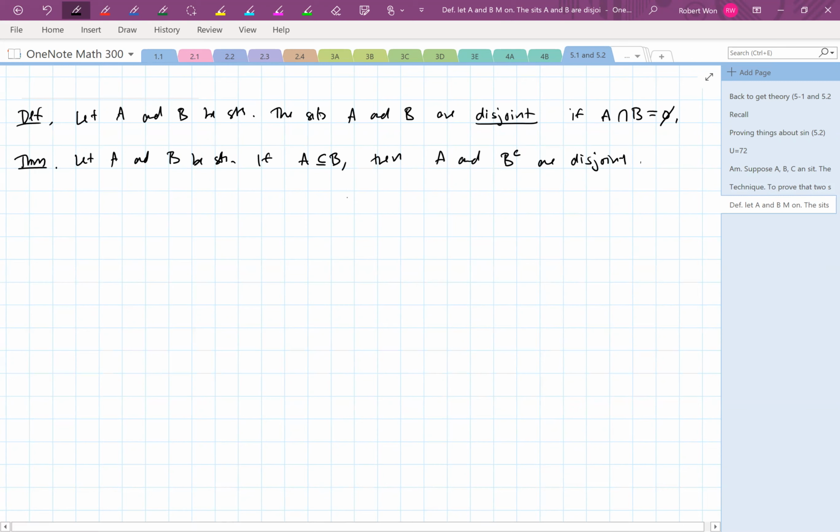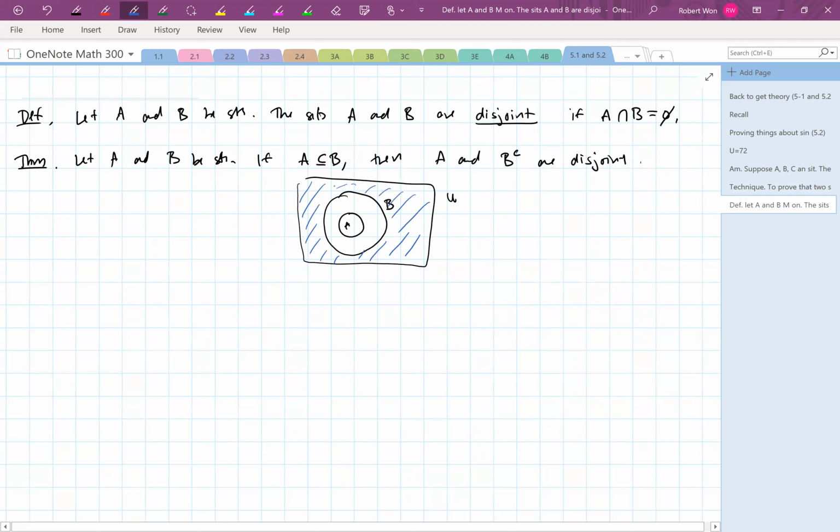Why? If A is a subset of B, it means that the picture looks like this, right? And they're staying inside some universal set. And if the picture looks like this, then B complement is this blue part, and A is this green part. And so it certainly seems like A and B complement must be disjoint.